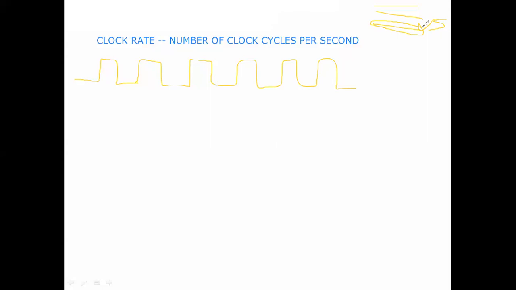That means for executing each instruction, we have a number of steps, and each step takes one clock cycle. This is the clock here. This will be the clock period, the total time required for the on period and off period.